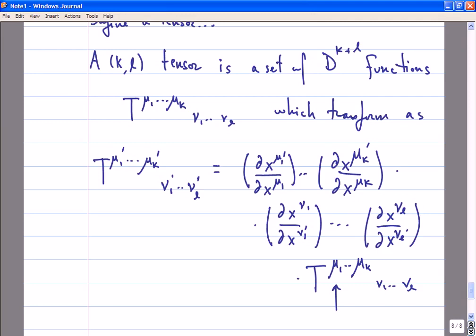The beauty of Einstein's summation notation is that it makes it very difficult to write down an incorrect equation. Not impossible, unfortunately, but very difficult, as long as you're careful about scrupulously following the rules. So the principle that one follows in writing down these equations is that one balances the indices.